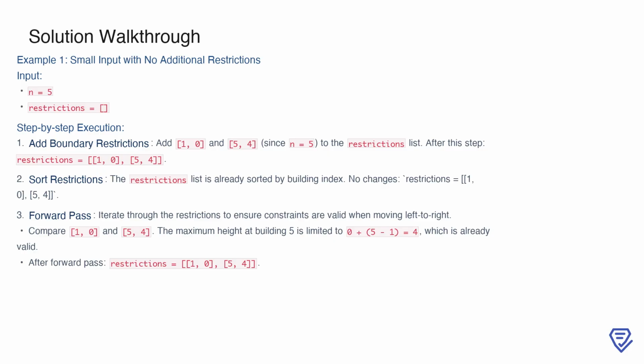Next, we perform a forward pass to ensure the constraints are valid as we move left to right. In this case, we compare [1, 0] and [5, 4]. The maximum height at building 5, calculated as 0 plus 5 minus 1 equals 4, is already valid, so no changes are made during the forward pass. At this point, the restrictions remain [1, 0], [5, 4].